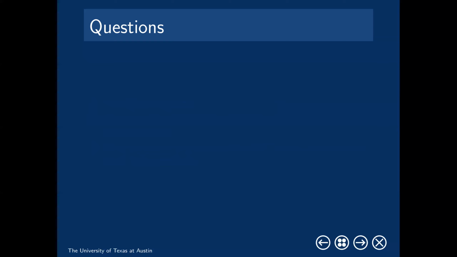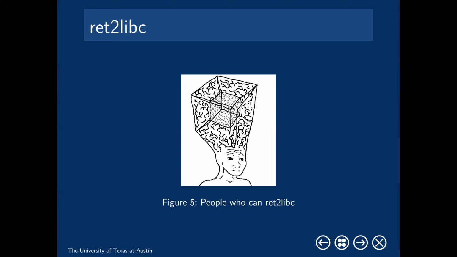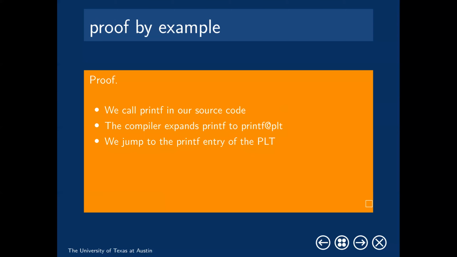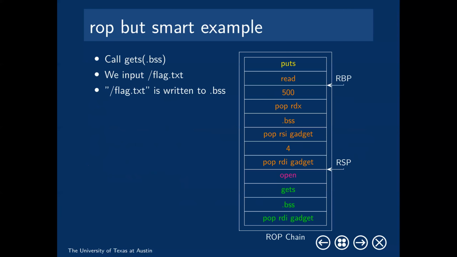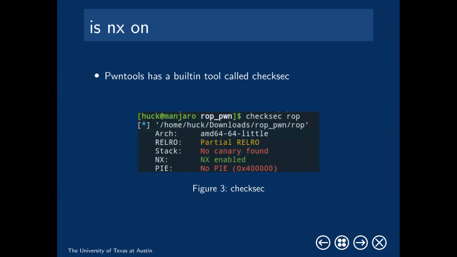I see in the chat somebody said, what makes it infeasible to randomize the libc contents? People actually do this. If we go way back to this slide, there's this thing called PIE, position independent executable.